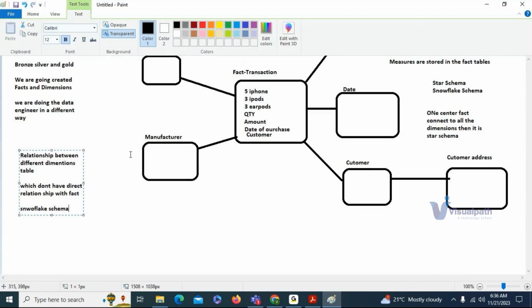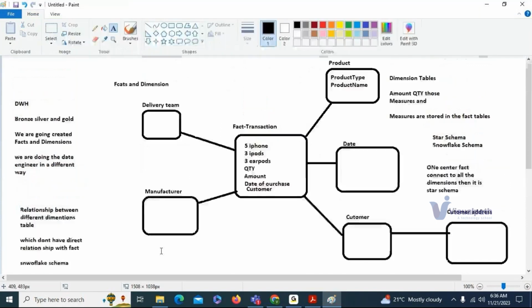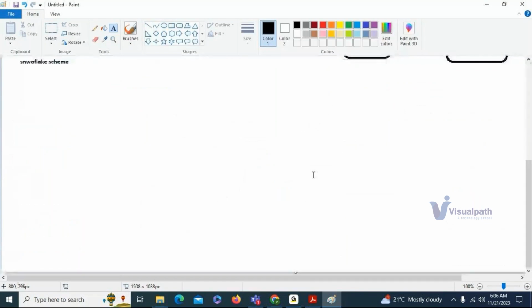Sometimes the interviewer will ask which is better, what you are going to use in real time. It depends on the situation. There is no concrete answer that I will use only star schema.